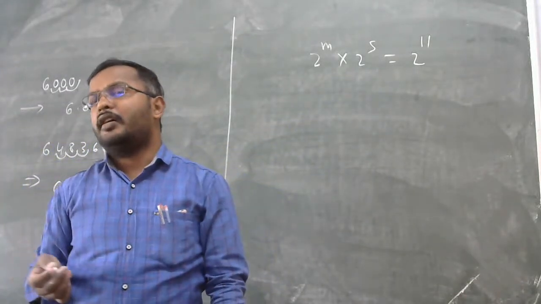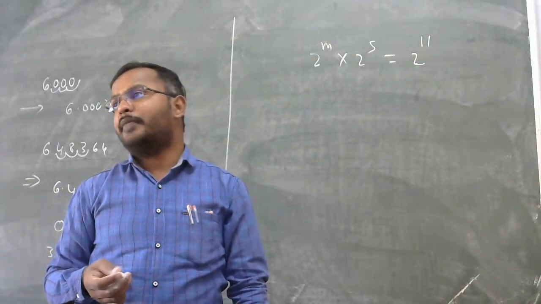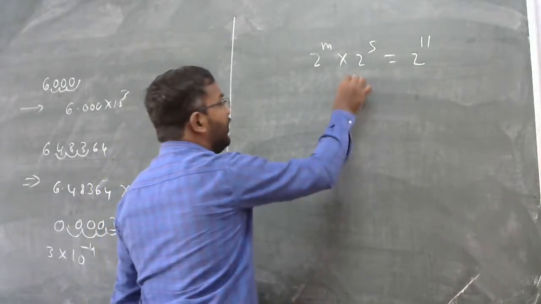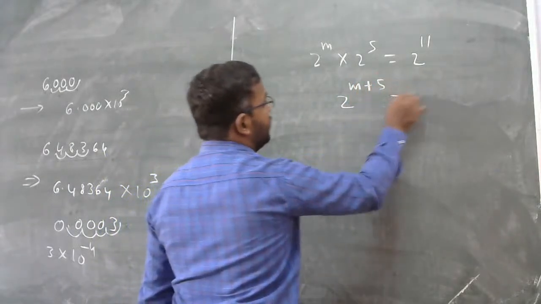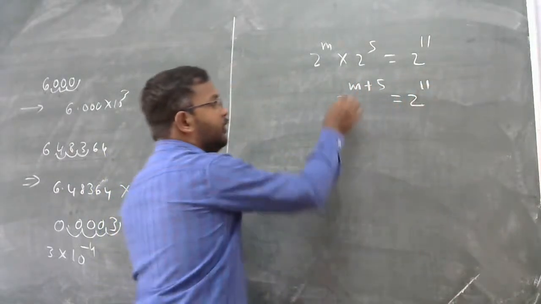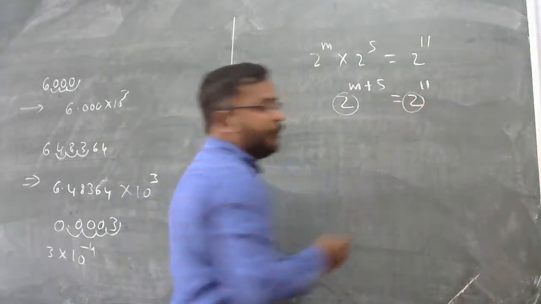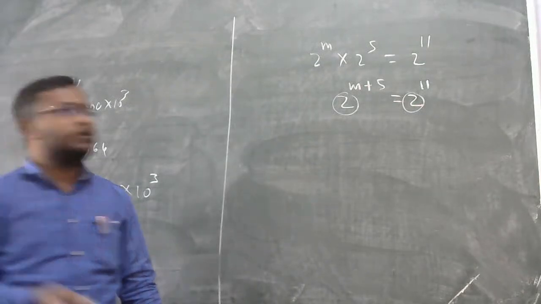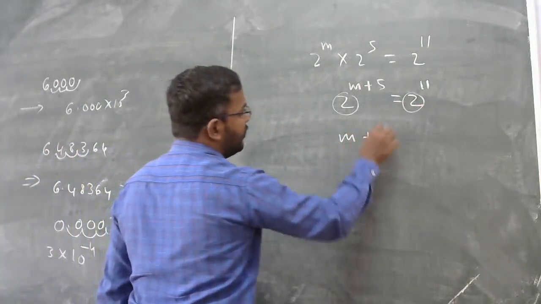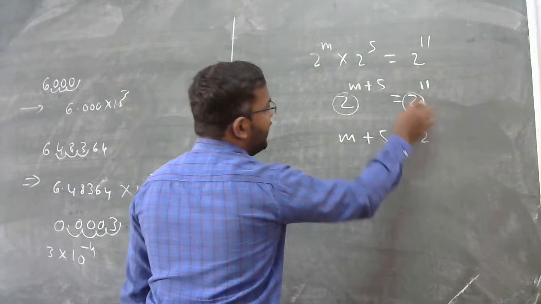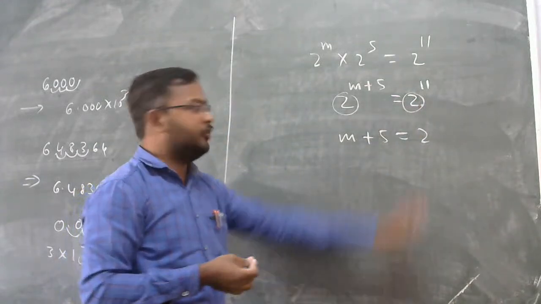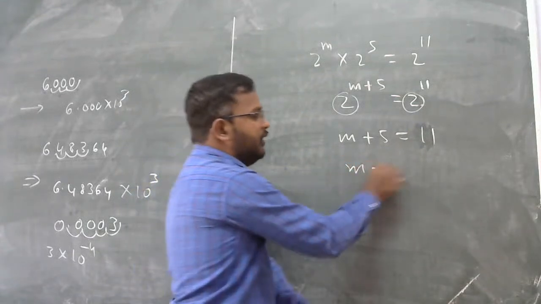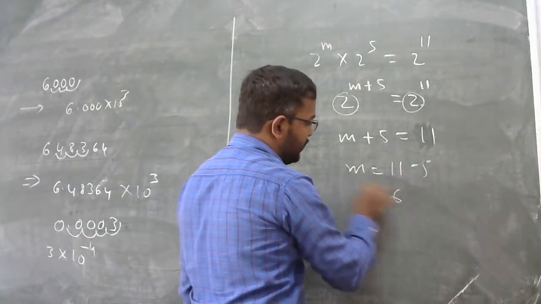We have to add the powers. Multiplication is there, you have to add the powers. You will get 2 to the power of n plus 5 is equal to 2 to the power of 11. So now we have made your bases the same. When bases are the same, we can equate the powers. So n plus 5 is equal to 11. Some people take 2. Not 2, you have to take the power only. So then n is equal to 11 minus 5, which is 6.